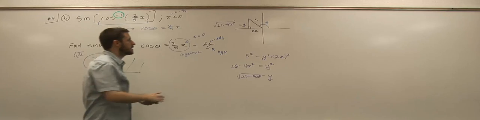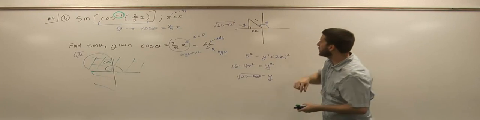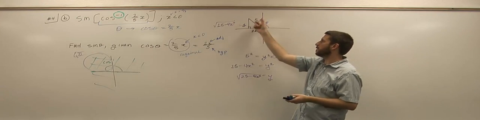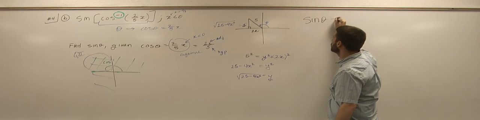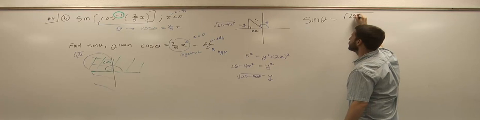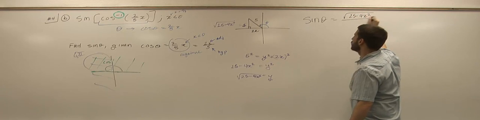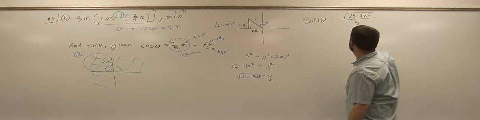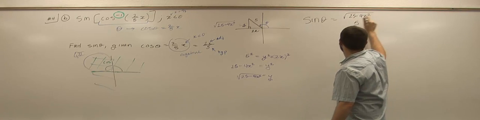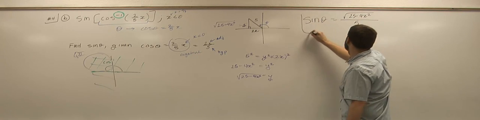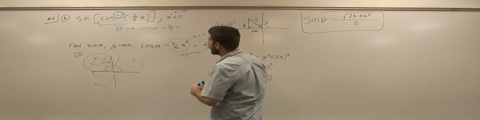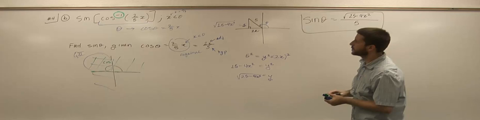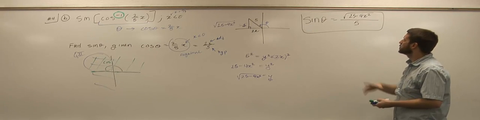So I focus on this triangle and I pick off sine of theta, opposite over hypotenuse: root 25 minus 4x squared over 5. So sine of theta, or sine of cos inverse of 2/5 x, should be this ratio.